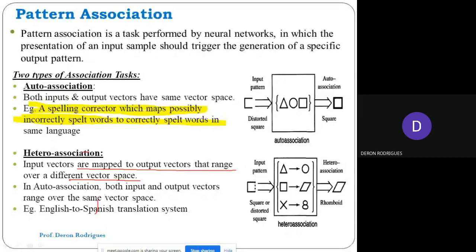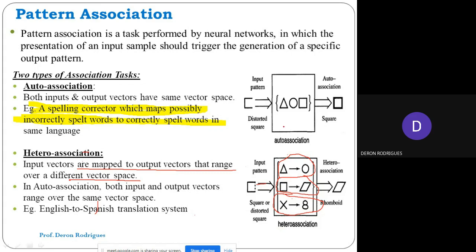So the vector spaces are not the same. As you can see in this figure, a triangle in the input space is mapped to a circle in the output space. A square in the input space is mapped to a rhomboid in the output space, and a cross, an X in the input space, is mapped to a figure of 8 pattern in the output space.